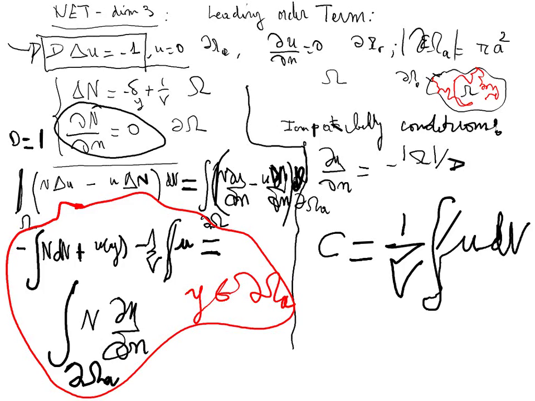Since the integral of the Green's function over the volume is, it can be shown, a bounded function as epsilon, or the size a, goes to 0, this quantity is bounded as a goes to 0.